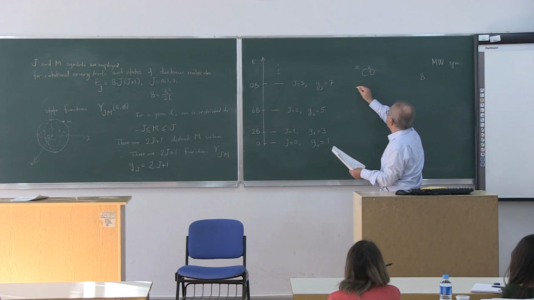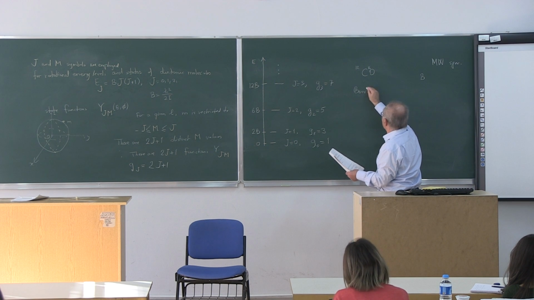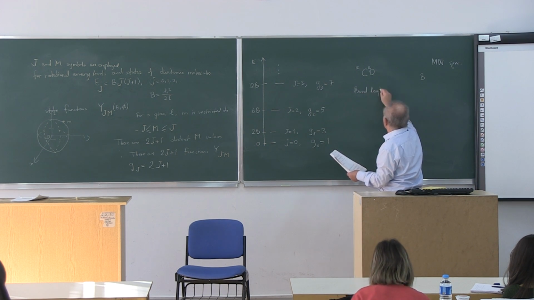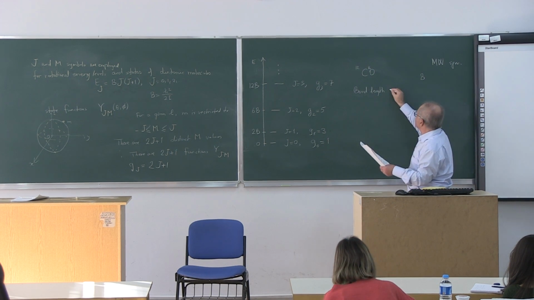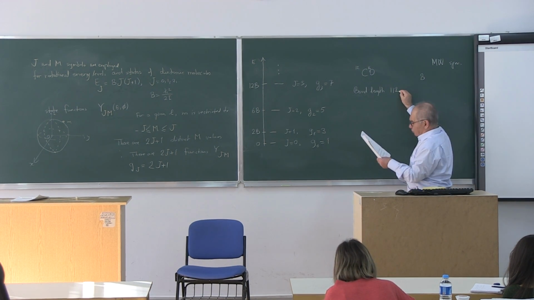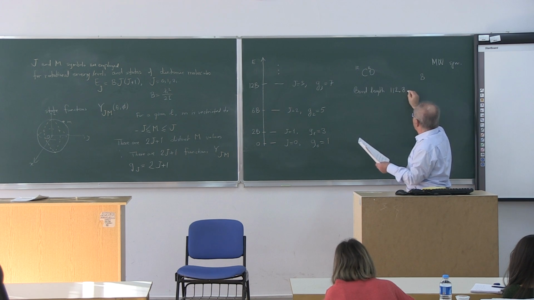The bond length in carbon monoxide molecule is 112.8 picometer.